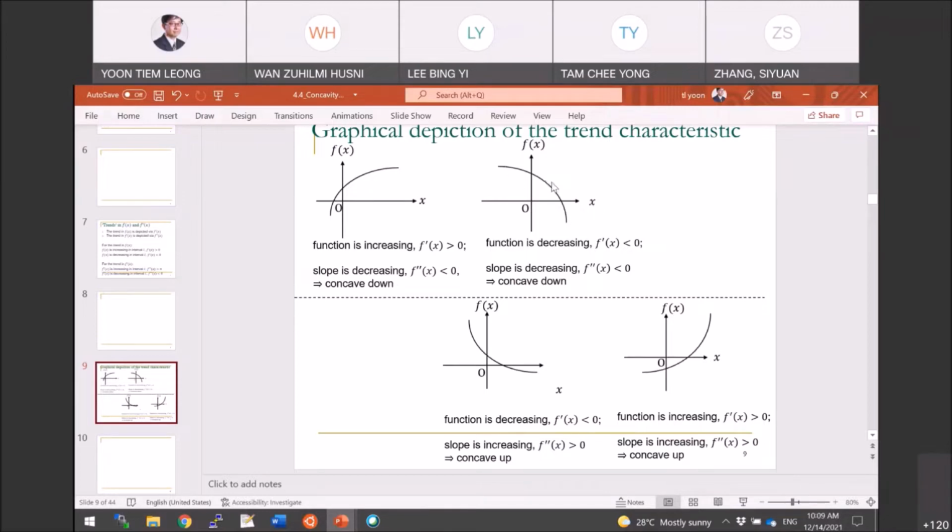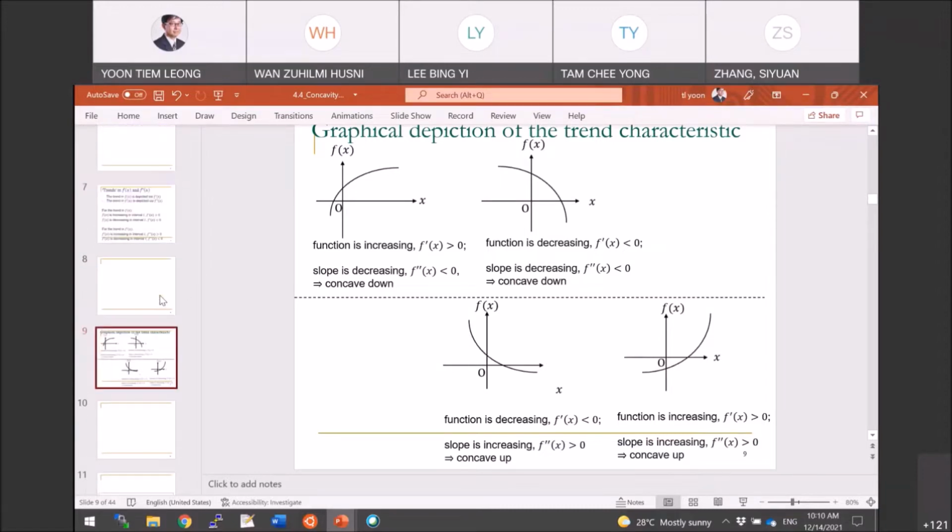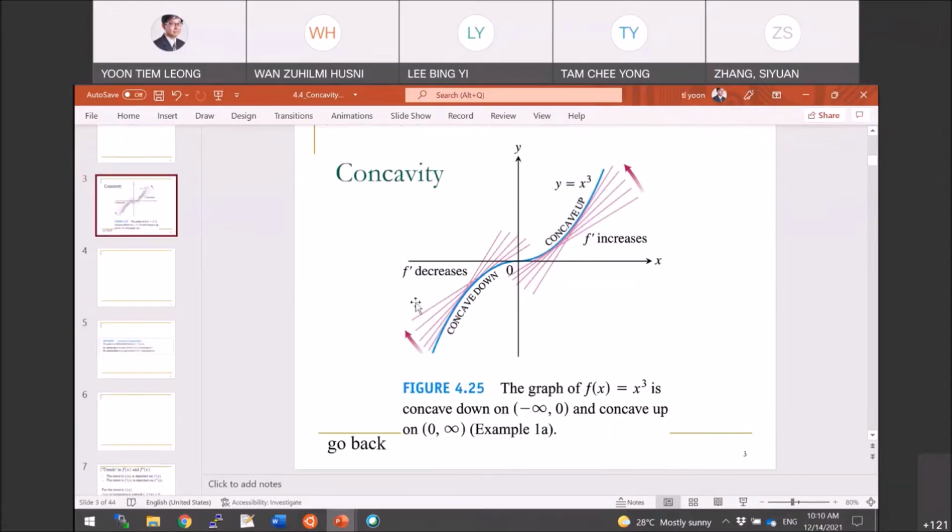So concave down and negative concavity refer to the same thing. It's just a different way of saying it. This is a graph which has a positive concavity, or concave up. This is also concave up, or has a positive concavity, right? So if you look at these sorts of things, then you should be able to tell whether a graph has a positive or negative concavity. So look at this one.